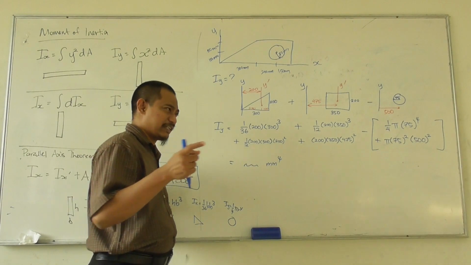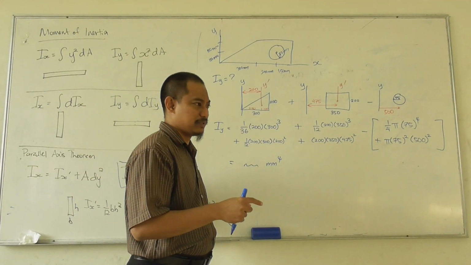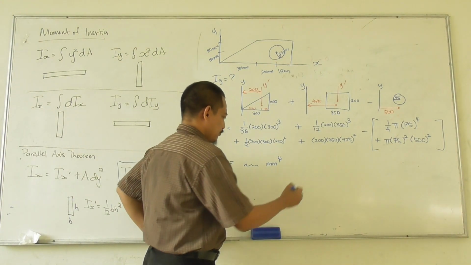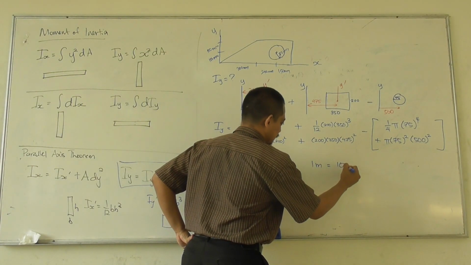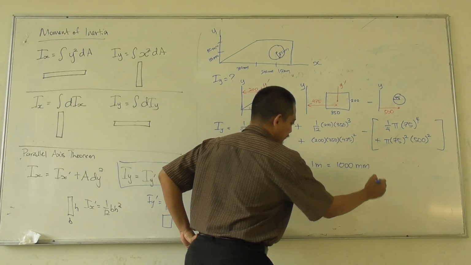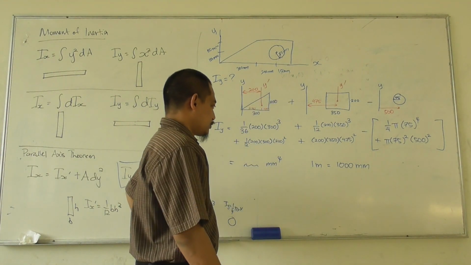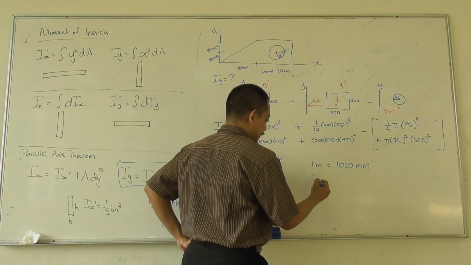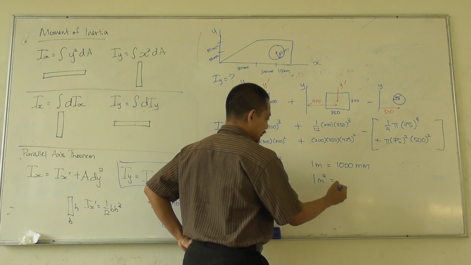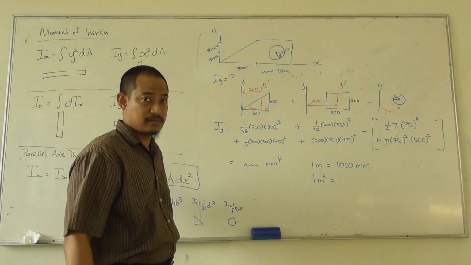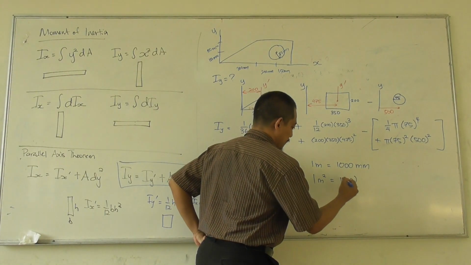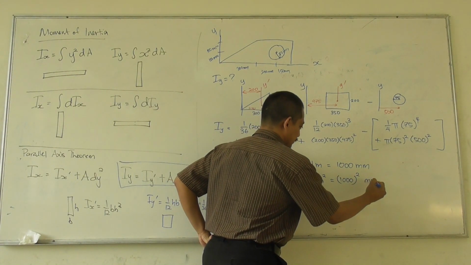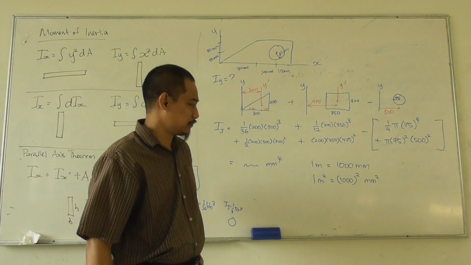Okay, just because someone consulted me about changing of units, hopefully you know that 1 meter is 1000 millimeters, right? So if you want to change 1 meter squared, how many millimeters squared?